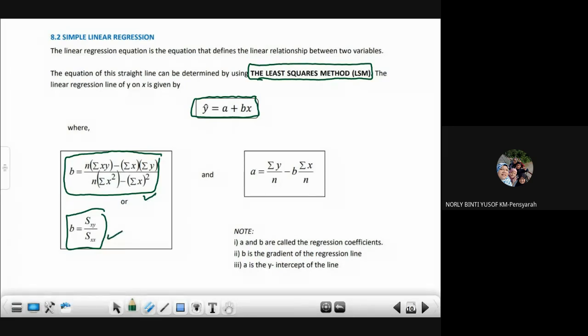Dalam exam pun sama, dia bagi salah satu. Dua-dua pun dia bagi dalam exam, tapi kita guna salah satu. Okay, dan nak cari A, formula dia dah adalah ini. Formula A satu sajalah. Barulah you boleh masukkan dalam the least regression method yang dalam y bar A plus bx.